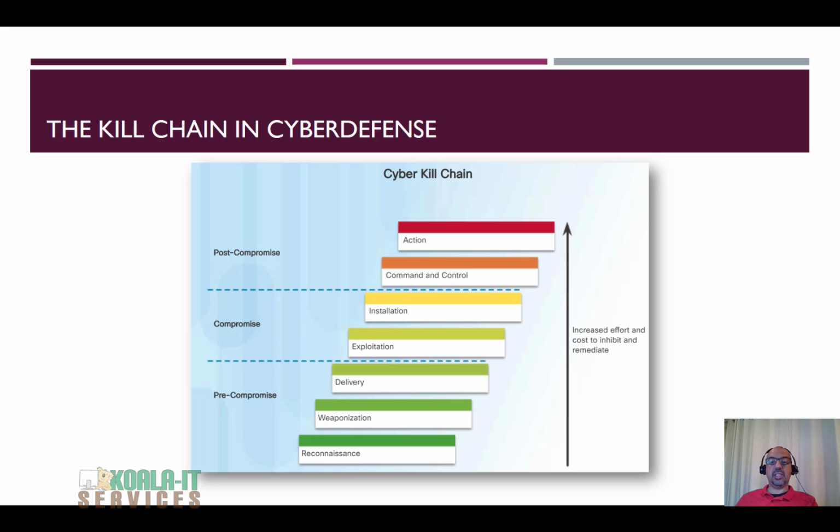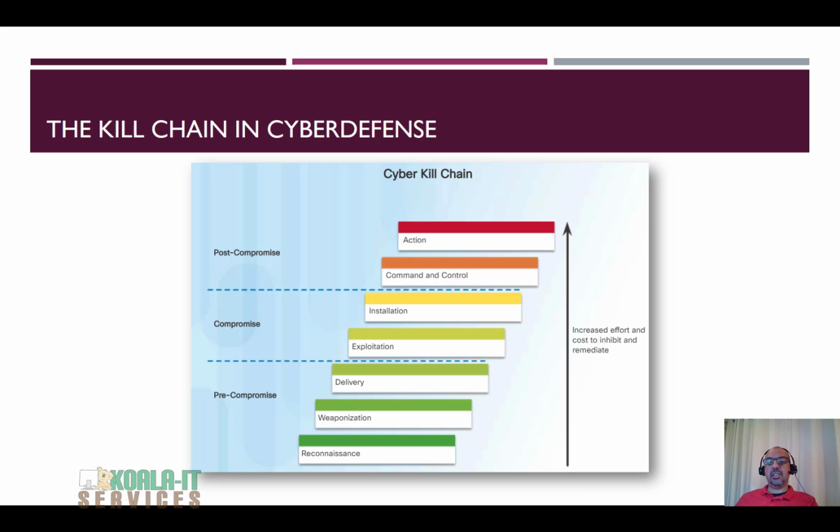Remote control of the target is gained through a command and control channel or server. Stage 7, action. Here the attacker performs malicious actions like information theft or executes additional attacks on other devices from within the network by working through the kill chain stages again.